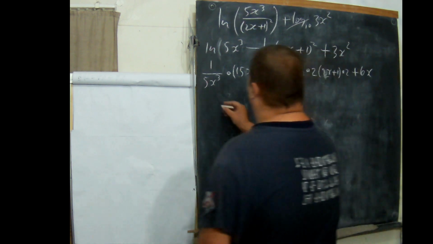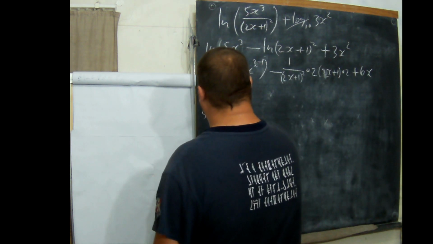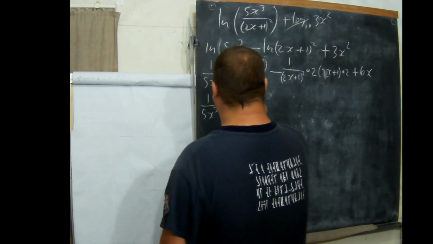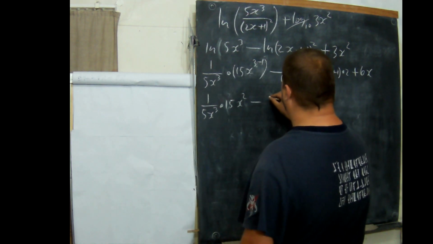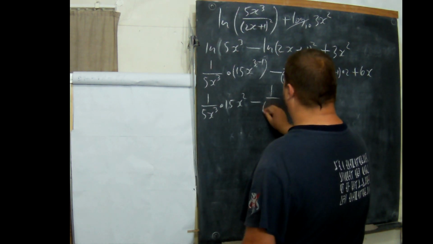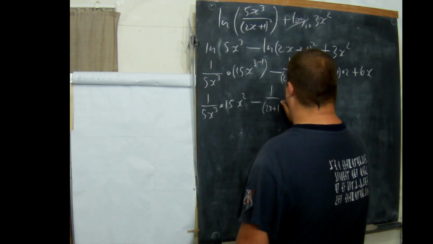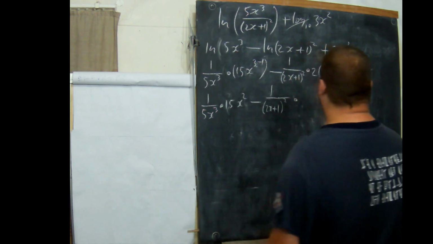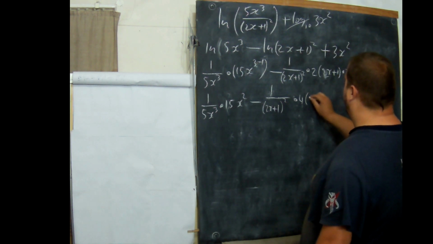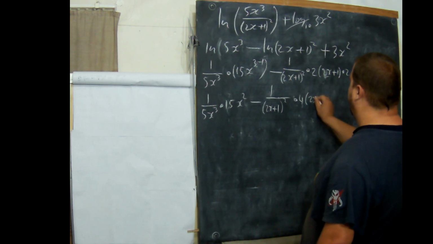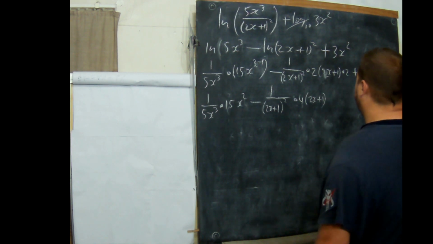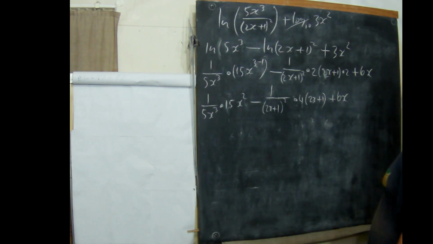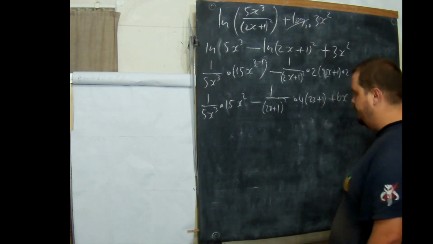So what we have now is 1 over 5x cubed times 15x squared, minus 1 over (2x plus 1) squared multiplied by 4 times (2x plus 1), plus 6x.